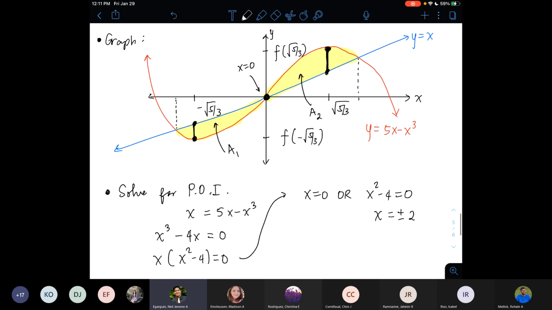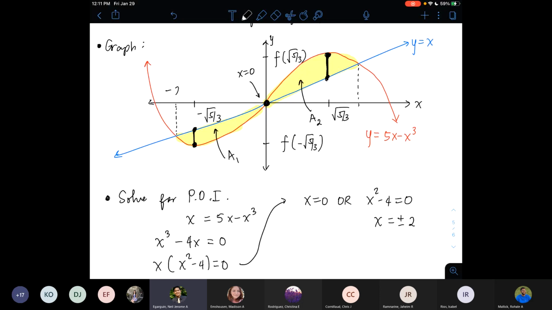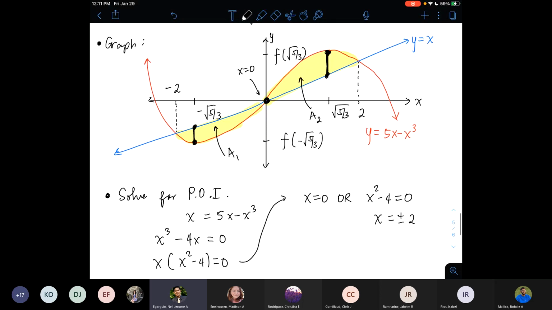Okay. So this tells me the region starts at negative 2. It will end at x equals 2. And then this other point of intersection, where the top and the bottom function changes role, is given by x equals 0. Okay, so that means area 1 can be computed as an integral from negative 2 to 0, and area 2 can be computed as the integral from 0 to 2.